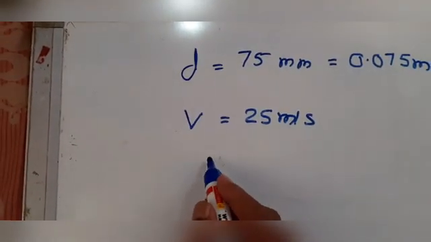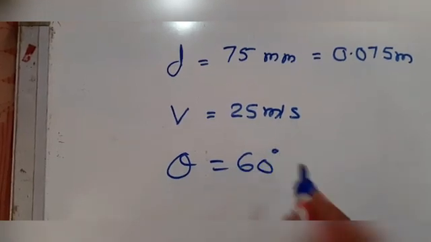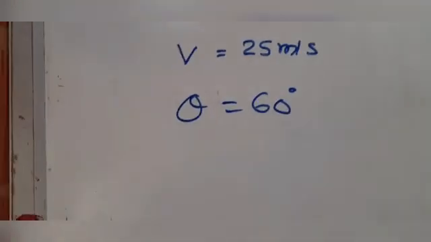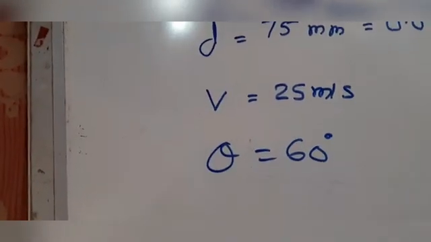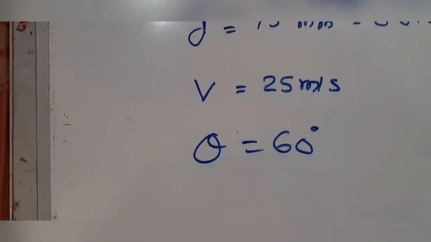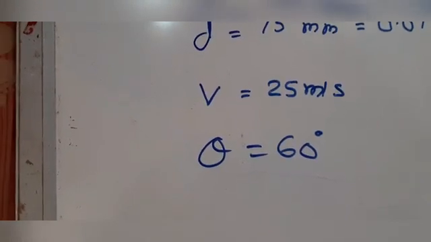Here theta is equal to 60 degree. These are the data given in the question. Now find the force exerted by the jet on the plate.